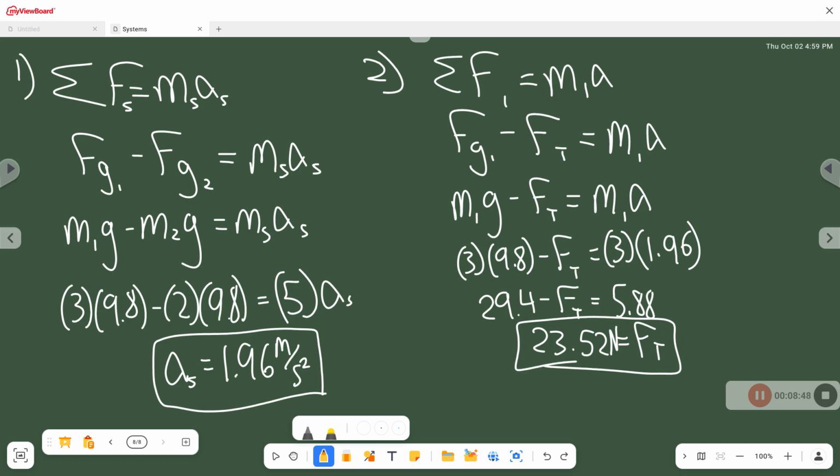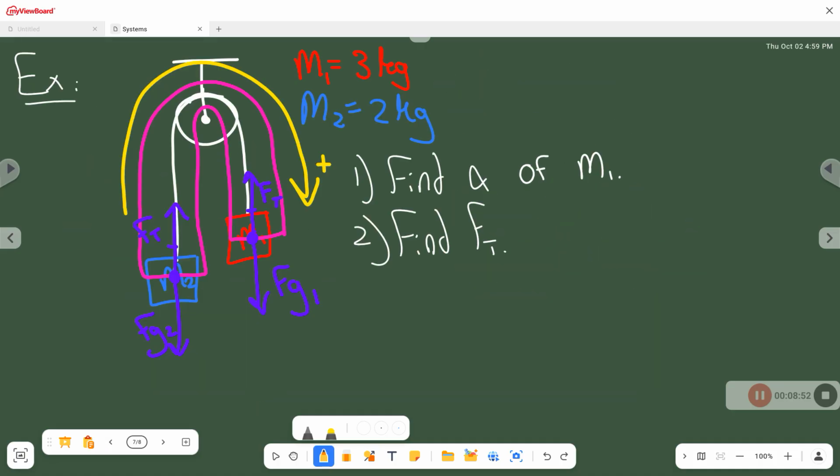And I think this answer makes sense to me, right? Because looking back at my free body diagram for my system, my force of tension has to have some value between Fg1 and Fg2, right? That force of tension for Fg2 needs to be larger so that it overpowers the force of gravity on mass 2.